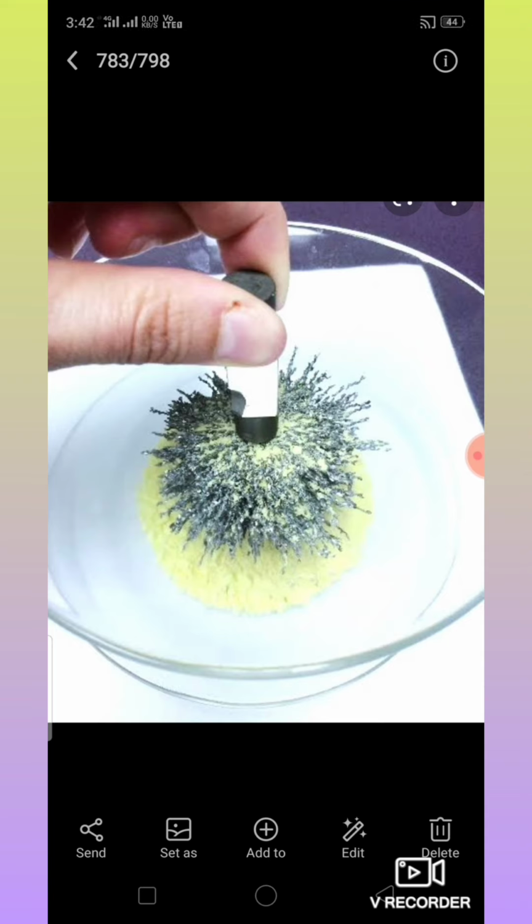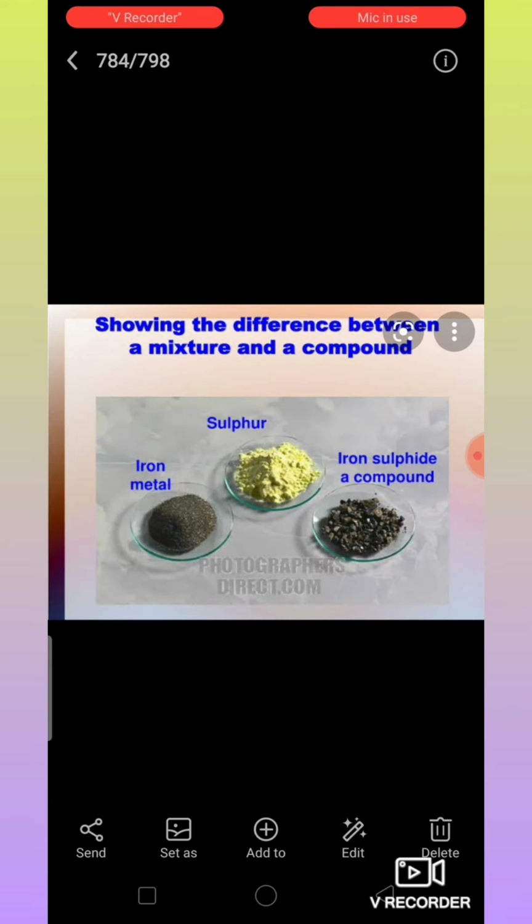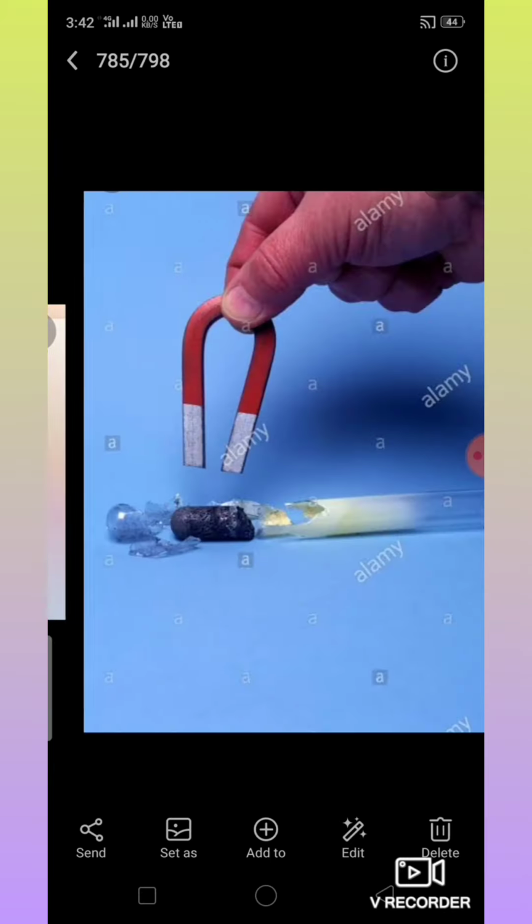We can easily separate the iron and the sulfur by a physical method, using a magnet. By physical means, we can separate this mixture of iron filing and sulfur. But when I heat these two things, I get iron sulfide as a compound. This solid thing you can see is a compound.